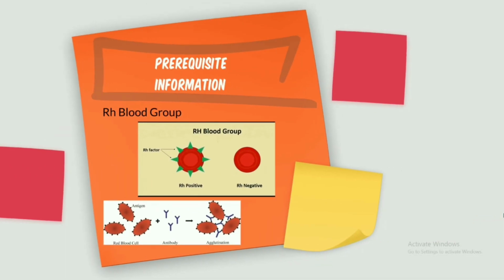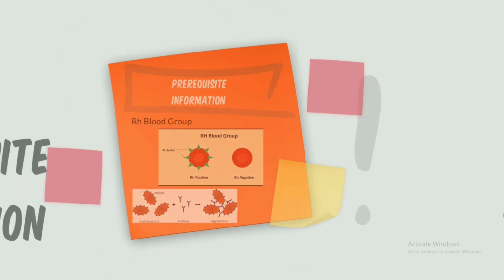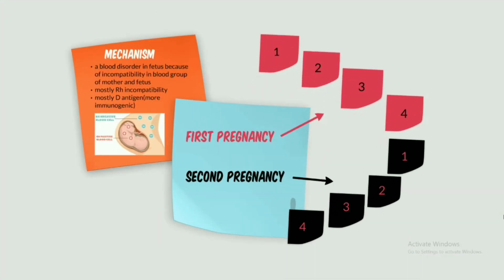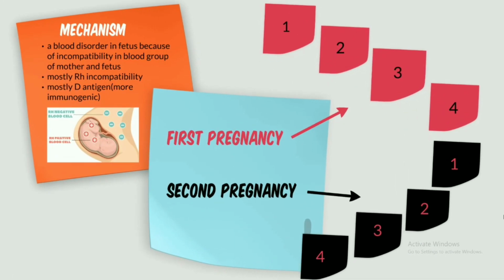Now, by knowing this information, we can understand this disorder much better. Let's learn the mechanism in erythroblastosis fetalis. It's a blood disorder in the fetus because of incompatibility in blood group of mother and fetus, mostly Rh incompatibility, and mostly D antigen.